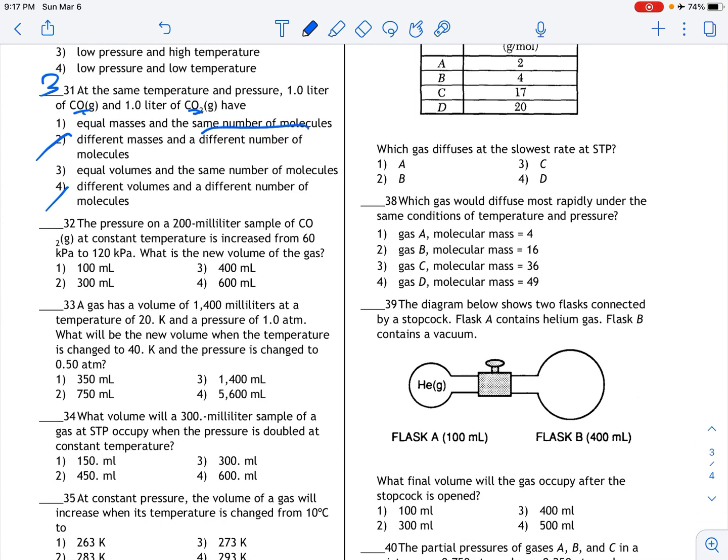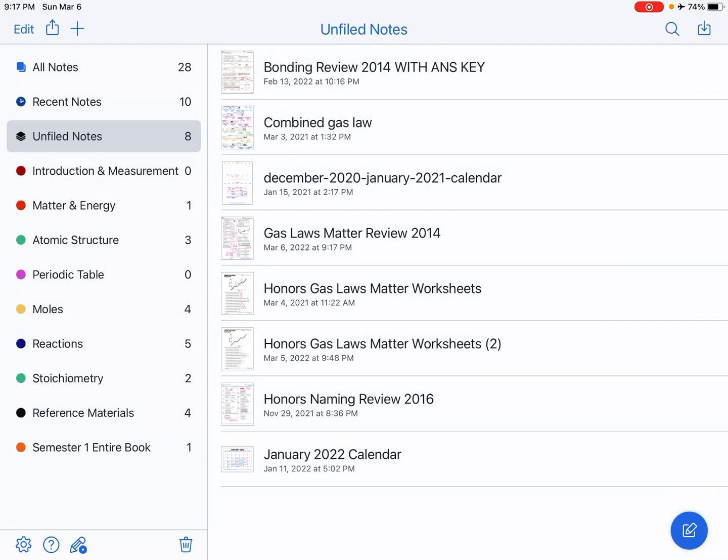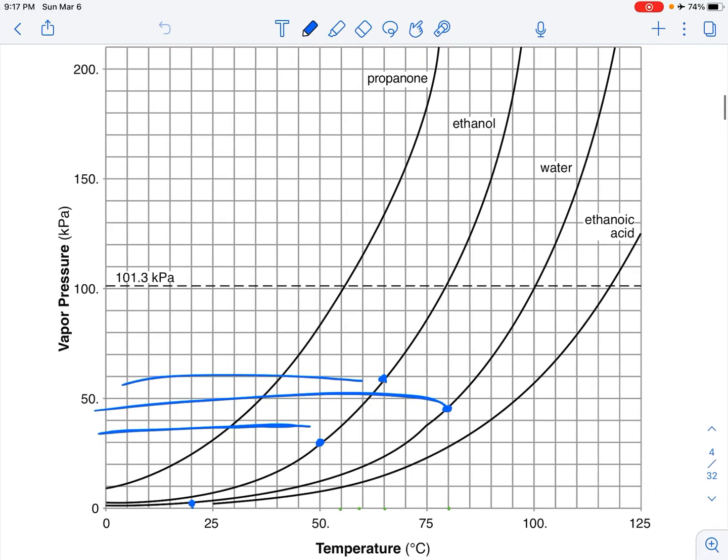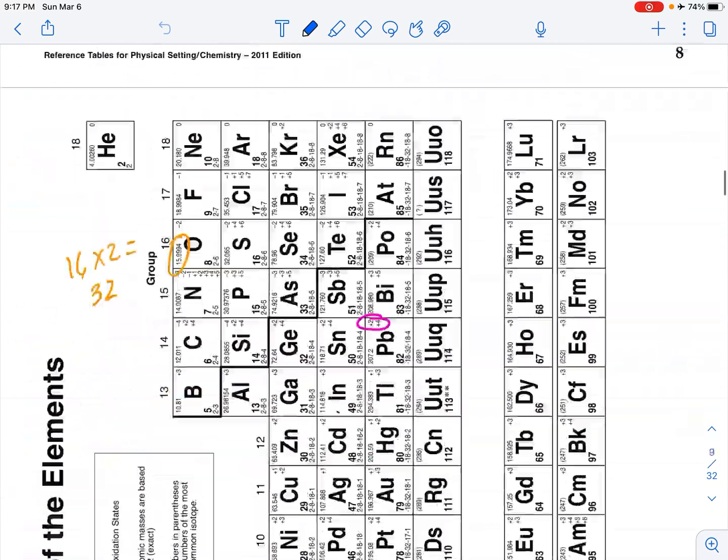Okay, now we got some gas laws questions here. The pressure on a 200 milliliter sample of CO2 at constant temperature is increased from 60 kilopascals to 120. What's the new volume? So we've got changes in pressure and volume, but not temperature.